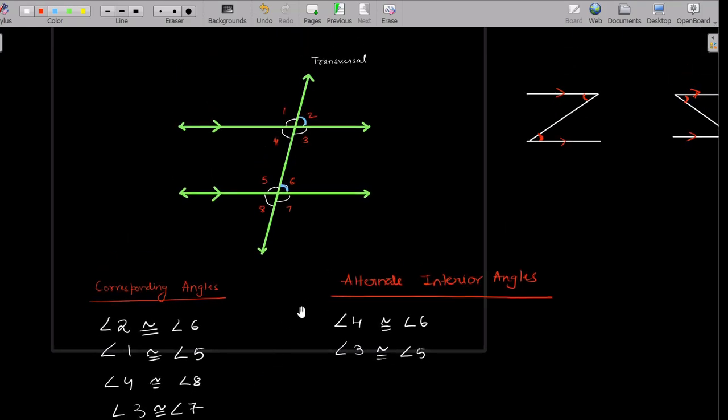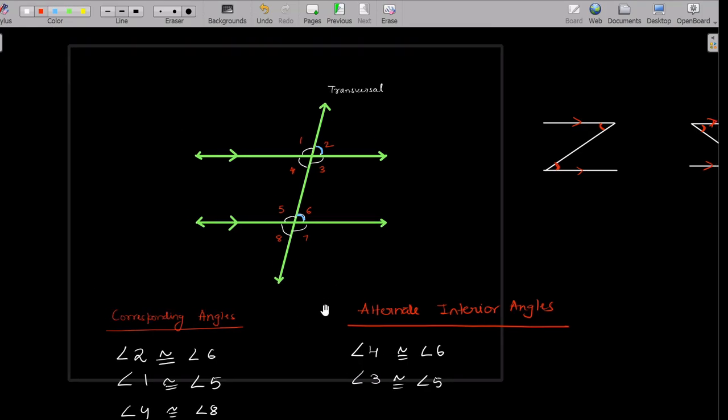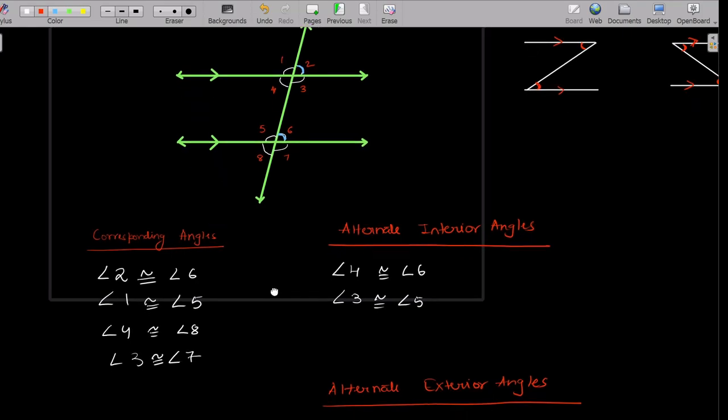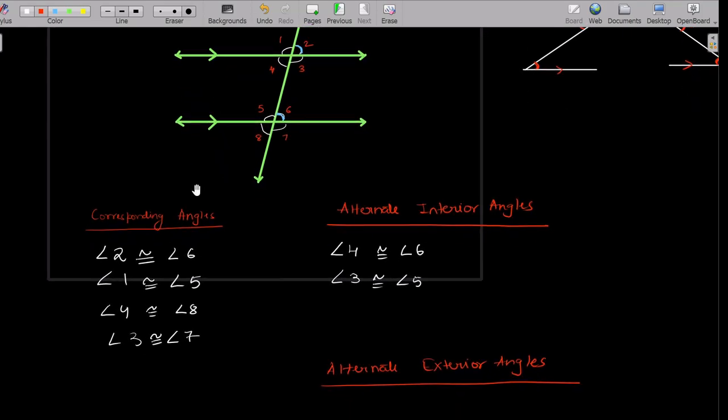So can you spot the alternate exterior angles? 2 and 8, and 1 and 7. Yes, so 2 is congruent to 8 and 1 is congruent to 7.